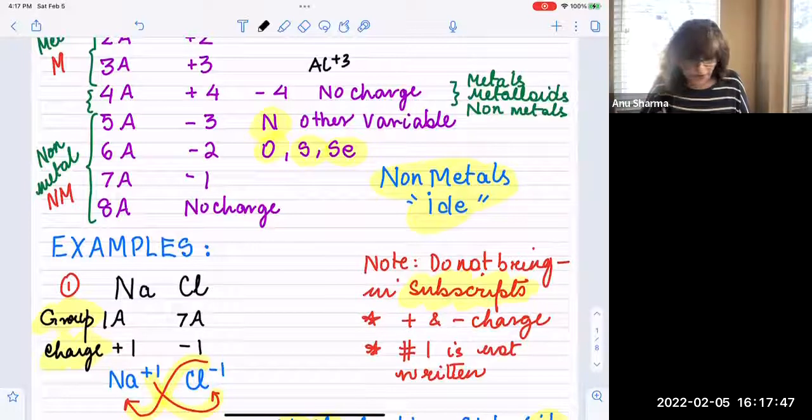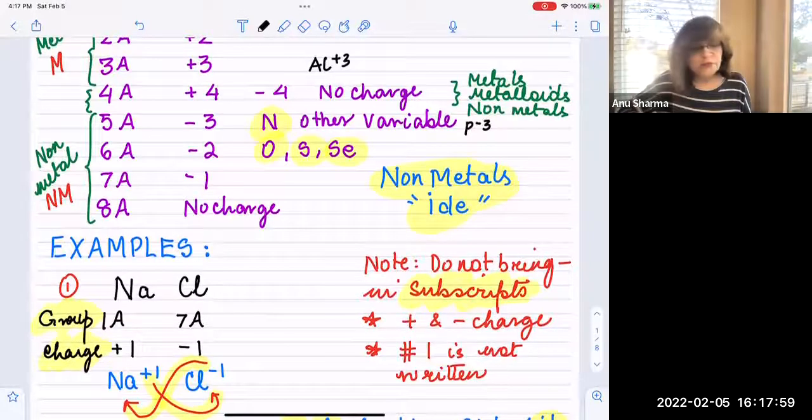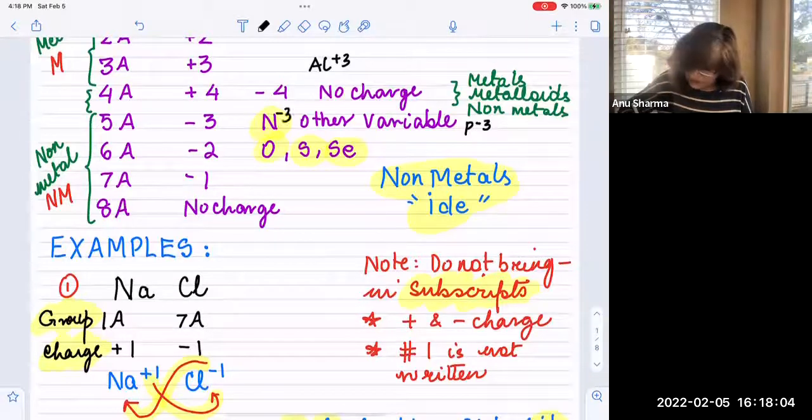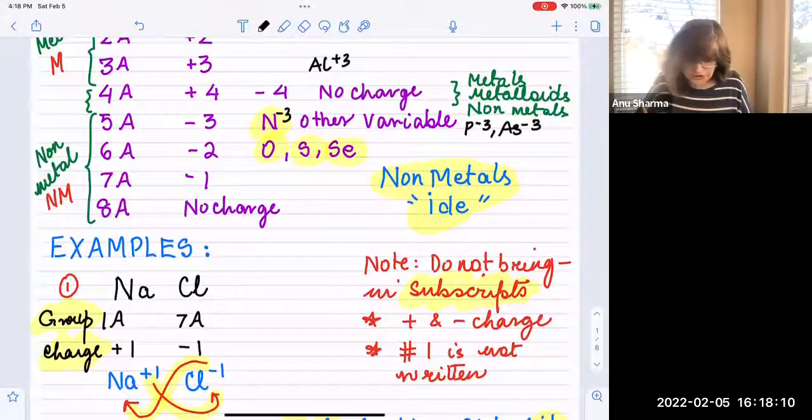But let's look at group 5A. Group 5A will have nitrogen, and then there is also phosphorus. Phosphorus can have -3 charge, but phosphorus can also form 3-5 bonds. So this is -3 here, and then there's arsenic, which can also form -3. And then comes the oxygen.